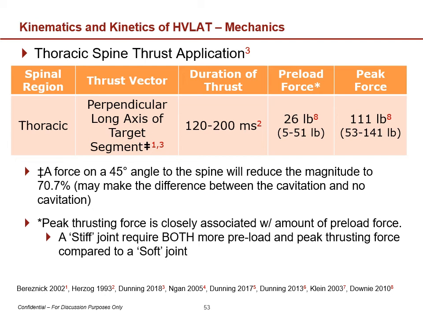So the more preload force that you apply, there's a strong association that you're going to put on a proportionate amount of peak force. A stiff joint requires both more preload and peak thrusting force compared to a so-called soft joint. So the stiffer someone may be, the more preload force that you would use, and thus the more peak force that you would also apply.